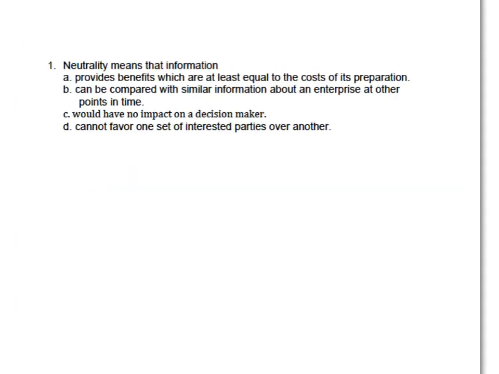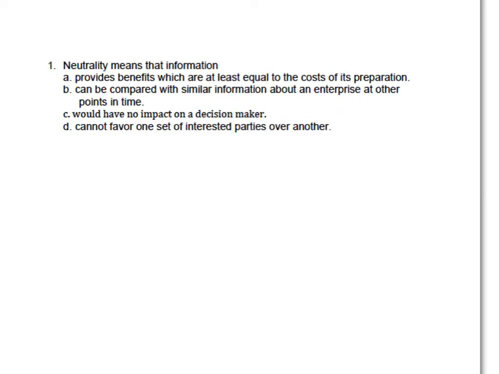Number 1 says neutrality means that information: A, provides benefits which are at least equal to the cost of its preparation. Now that's the cost-benefit principle. B, can be compared with similar information about an enterprise at other points in time. It has to do with comparability, or consistency.